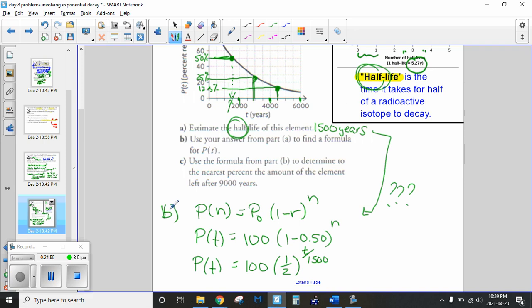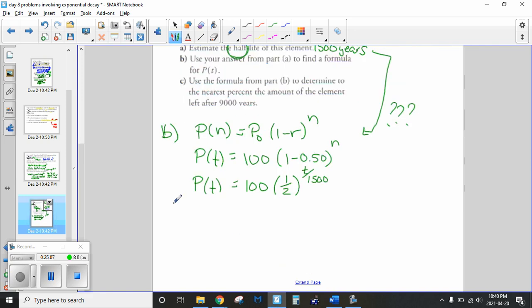All right, last part of this: use the formula to determine, to the nearest percent, the amount of this element left after 9,000 years. So 9,000 is going to be our t-value, the time. So the percent left after 9,000 years.